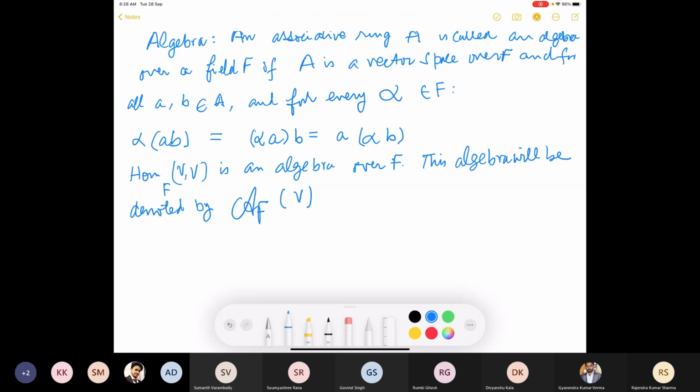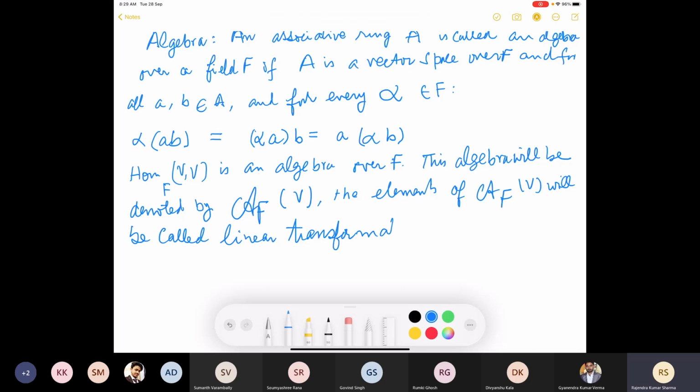To make this clear that the composition of two maps is allowed, these elements will be called linear transformations. Good. So henceforth, when we write A_F(V), set-wise it is the same as Hom(V,V), but this is now treated as a ring also, as an algebra. So the composition of two homomorphisms, which is now the product of two linear transformations, is also considered.